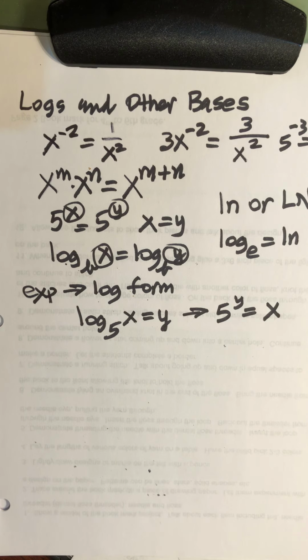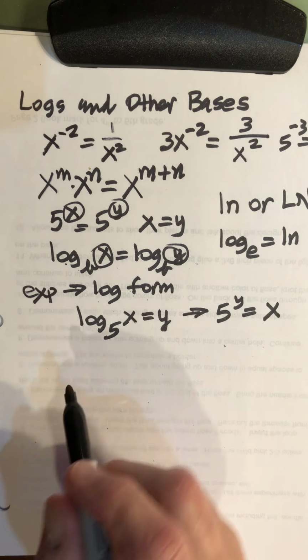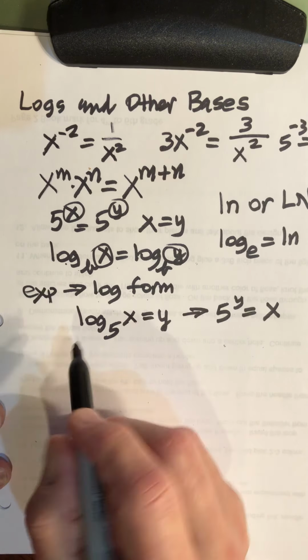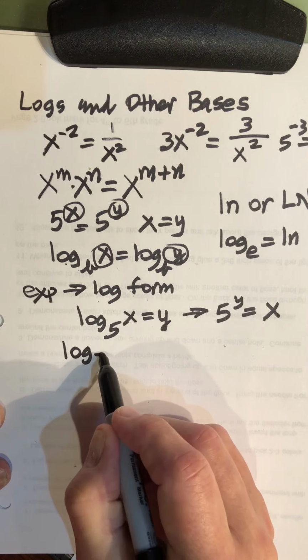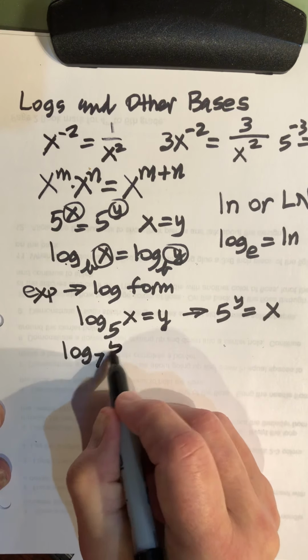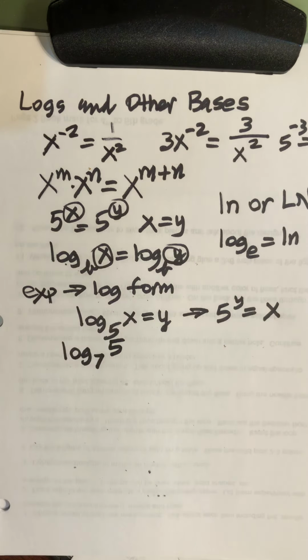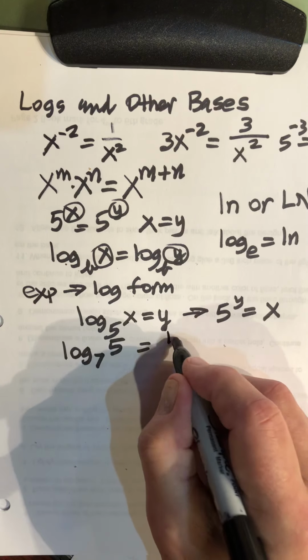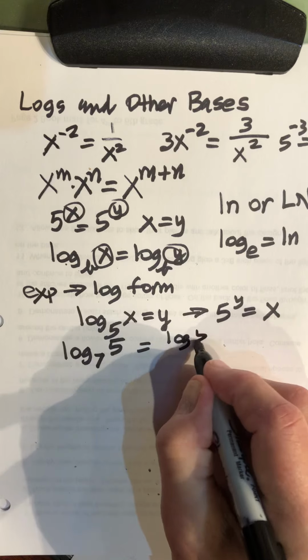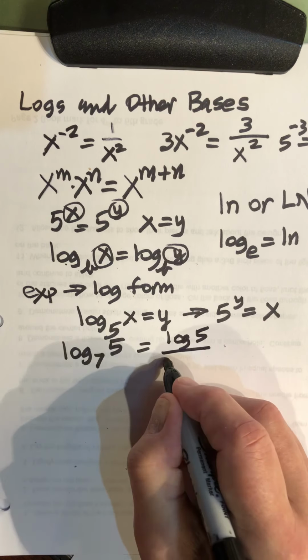Okay. Finally, not quite finally, the change of base formula. We're going to talk about that today. So if I have log base 7 of 5, argument is 5, that is equal to log 5 over log 7.